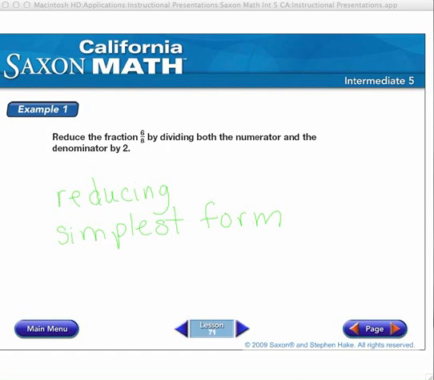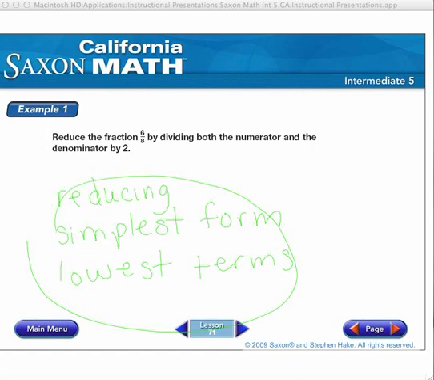And we can also call it lowest terms. Put the fraction in lowest terms. All three of these mean the exact same thing that I'm going to teach you to do right now. So if you see one of these words, you're going to follow the following process.